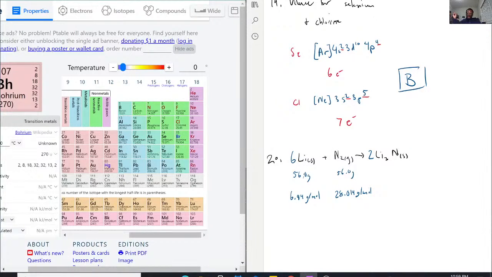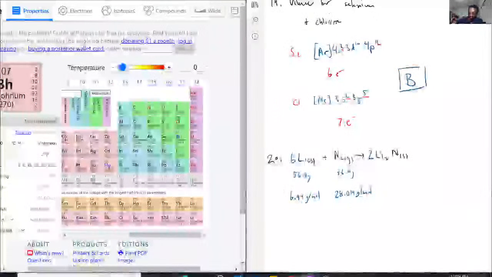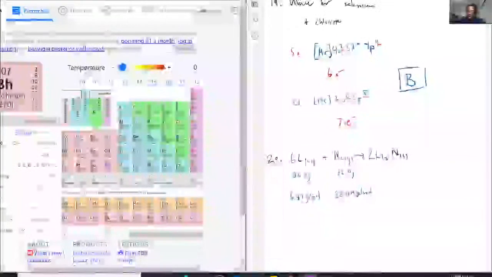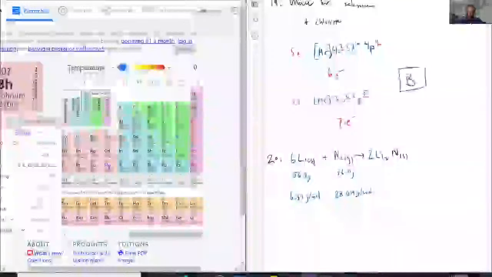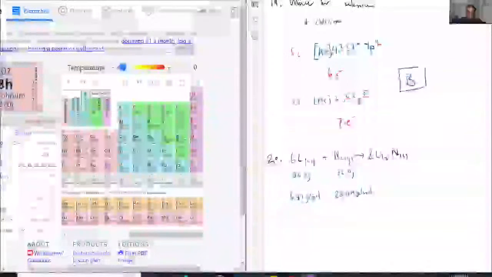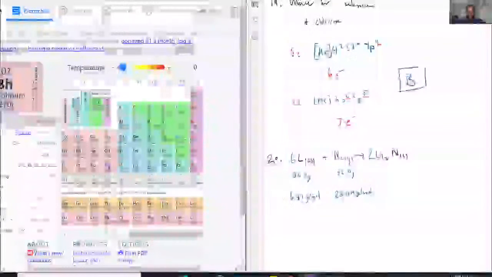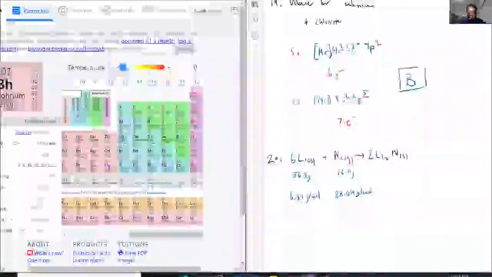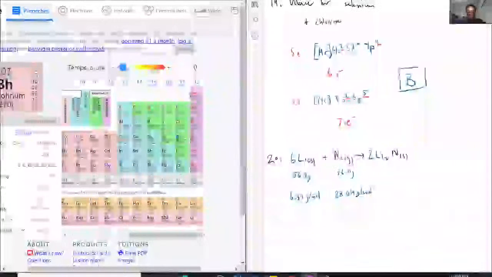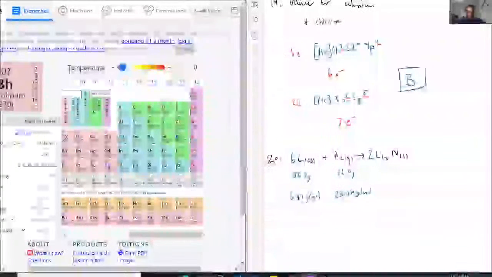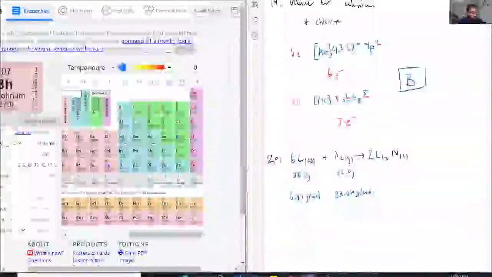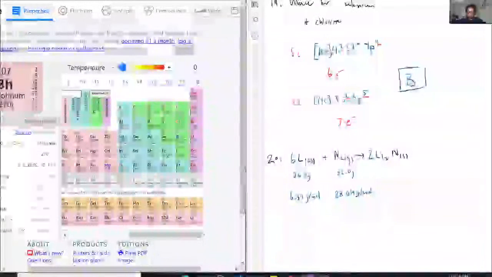Now, what about the lithium nitride? In this case, I do believe we will probably need this later. So let's go ahead and find the molar mass for it. So we have 1 nitrogen, so that's 14.007, plus 3 lithiums, okay? And each lithium was that nice 6.94.